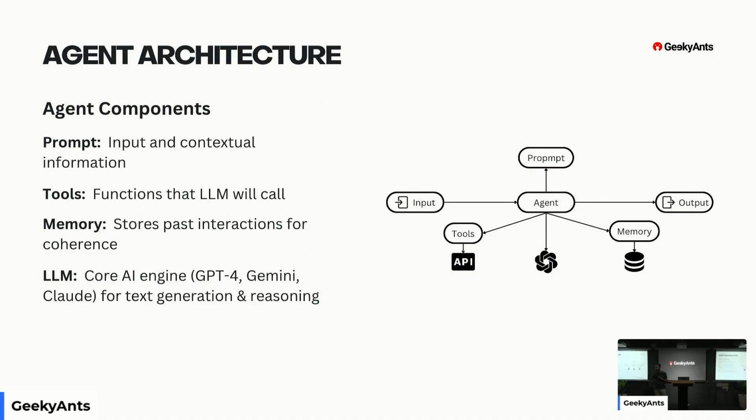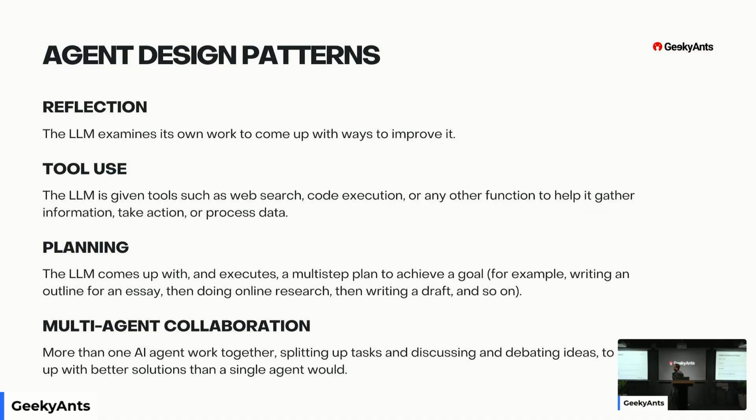Memory is the context window. If we are talking with an LLM, the LLM has a limited context window, so we can put everything like a knowledge base, a book, or some rules in memory itself. Coming to design patterns, there are four major design patterns in an AI agent: reflection, tool call, planning, and multi-agent collaboration. I'll discuss these on the next slide in a bit more detail.